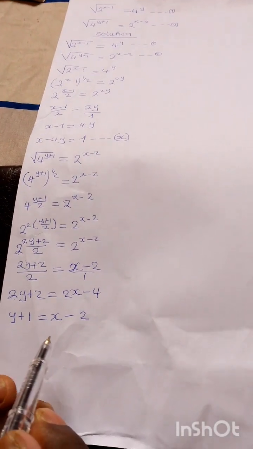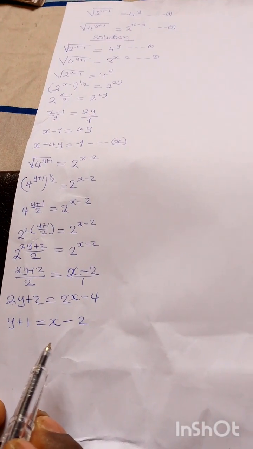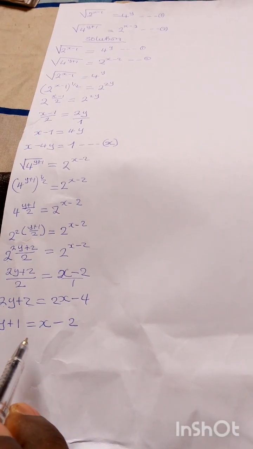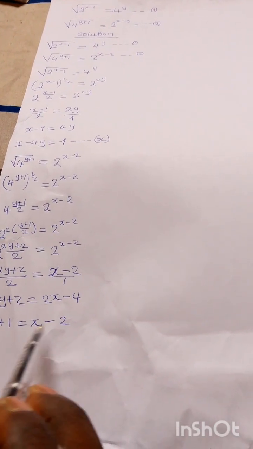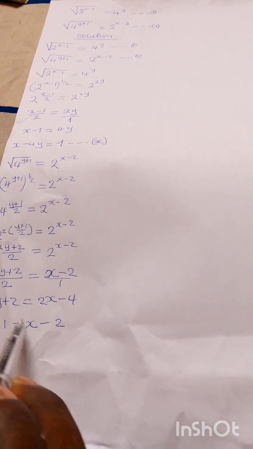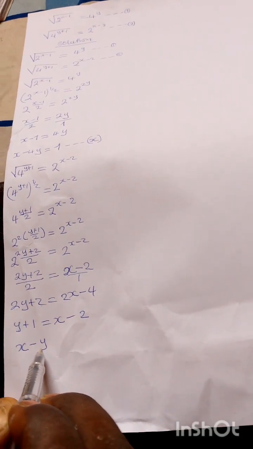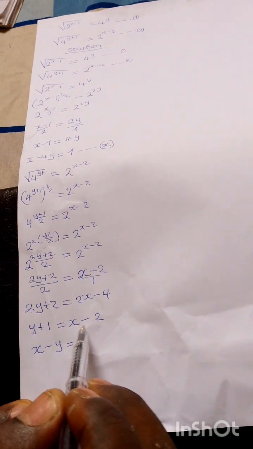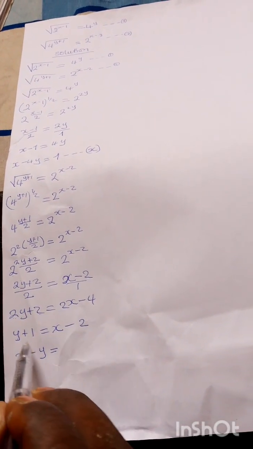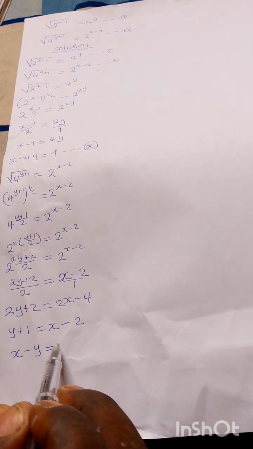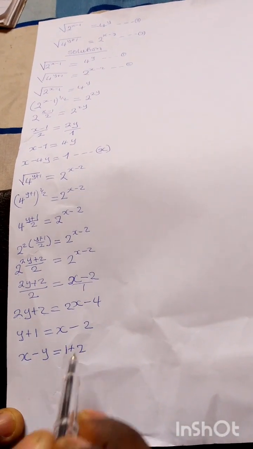Now let's rearrange the equation so that this one comes to this side. We now have x. This one becomes minus y equal to. We now bring these 2 to meet this one here, so it becomes 1 plus 2.